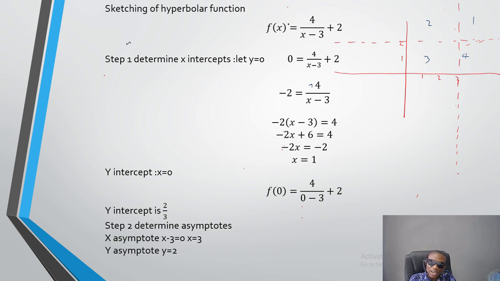And you look at A, this is f of x equals 4. A is greater than 0. I expect the graph to be in the first and in the third quadrant. That's where the graph is going to be. I know the x-intercept is 1. It means the graph will pass here, where x is 1.